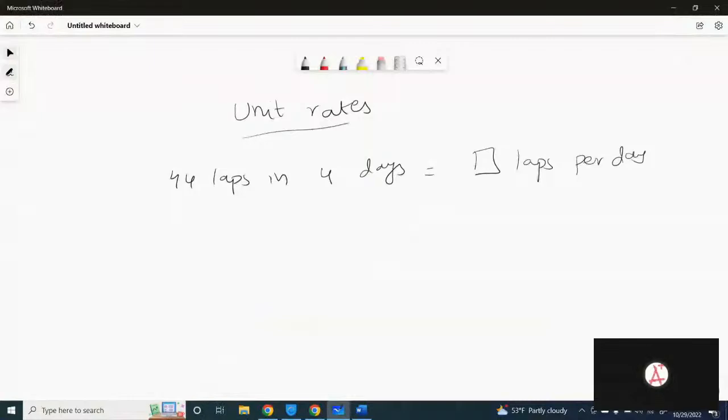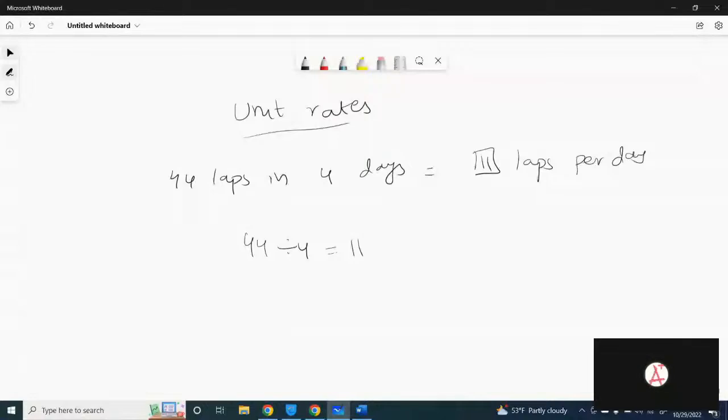So here you have 44 laps in 4 days. So just divide 44 by 4. So 44 divided by 4 is 11. That means you have 11 laps per day. Got it?